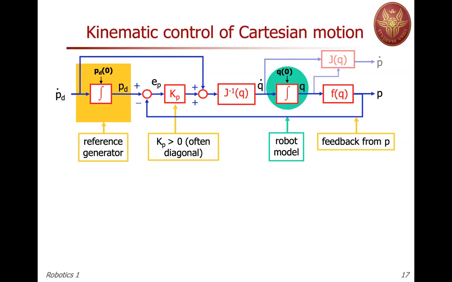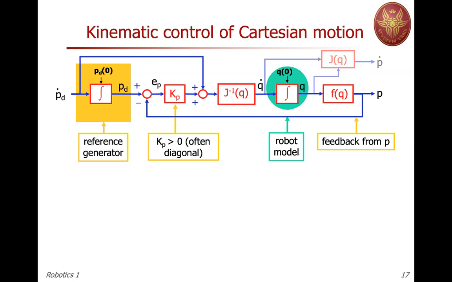In fact, if you have some uncertainty in your direct kinematics, so your robot is not well calibrated, then when you measure Q and compute P through an uncertain kinematic model, this P will not be the actual one. You will bring P to the desired value, but in fact you're bringing the wrong P to the desired value. So you don't have robustness in this sense. Okay, but this is an advanced topic. We will leave it on the side.